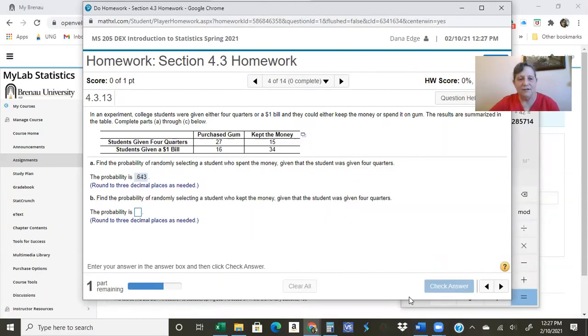On the other hand, to find the probability of selecting a student who kept the money, given that the student was given 4 quarters, that is actually going to be the complement. We could do the same way, take the number of people who were given 4 quarters as the denominator.